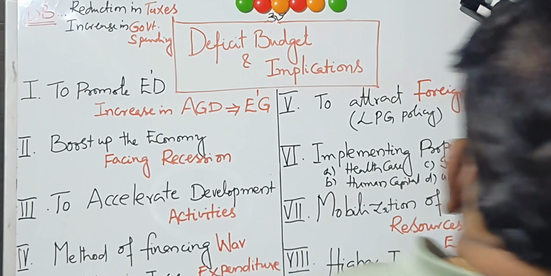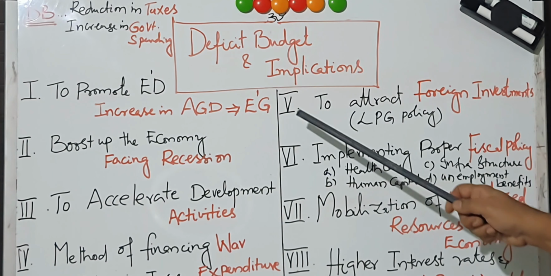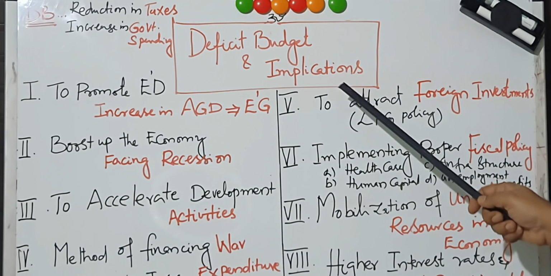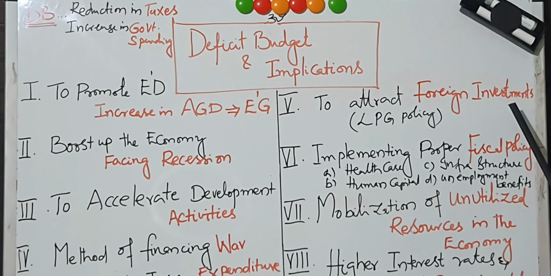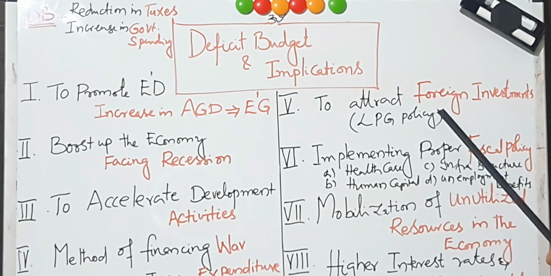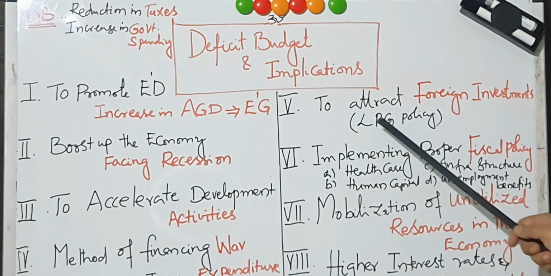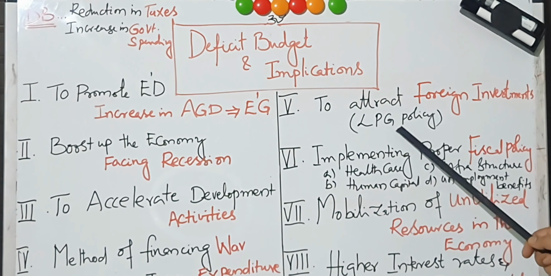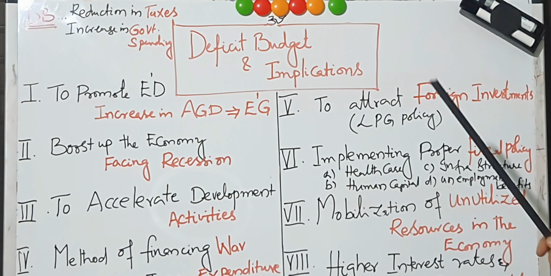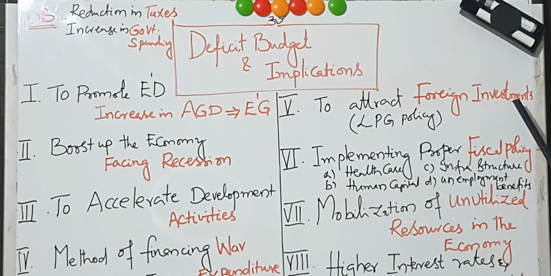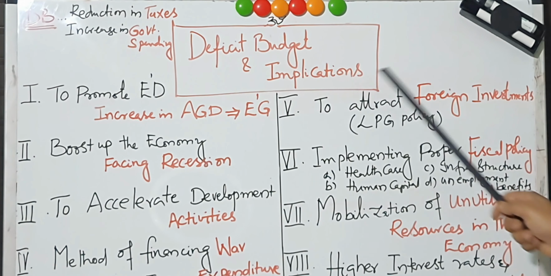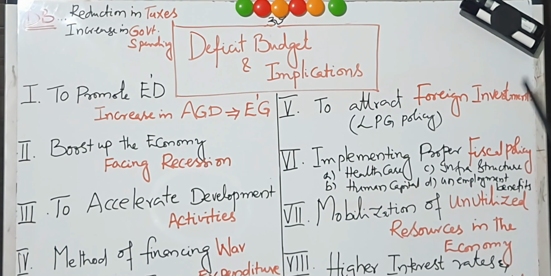Next, fifth one, deficit budget is to attract foreign investors and investments. Government is following the LPG model of economic development: liberalization, privatization, and globalization. In the case of globalization, to promote foreign direct investors, a deficit budget is an instrument to attract foreign investments.